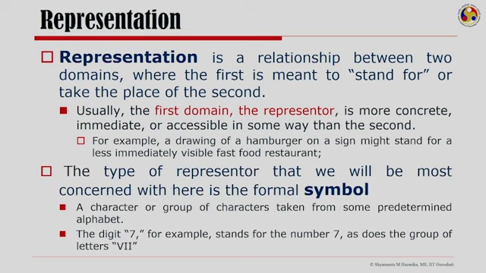The type of representer that we will be most concerned with here would be formal symbols. These are characters or groups of characters taken from some predetermined alphabet. For example, the digit 7 stands for the number 7, as does the group of letters VII.